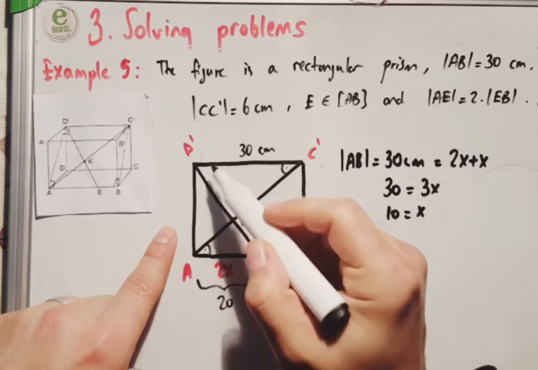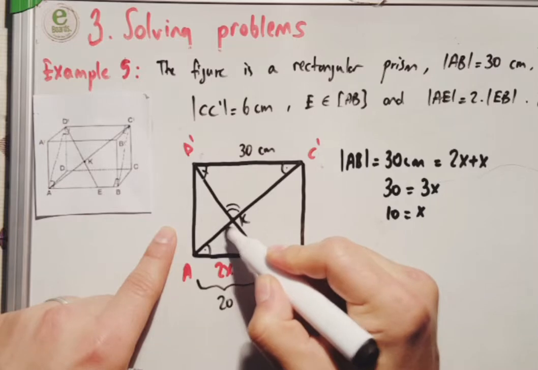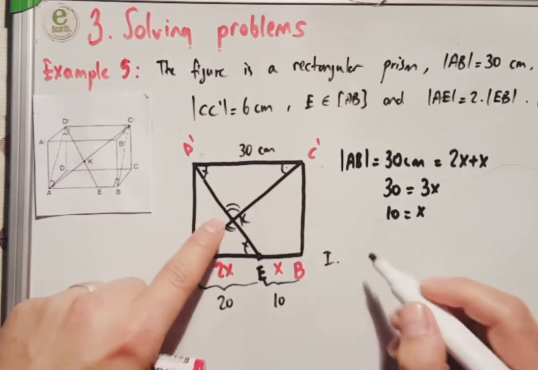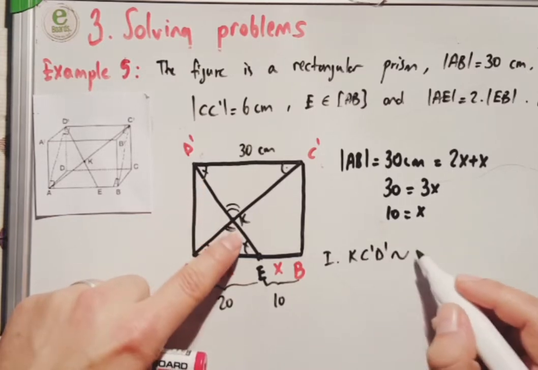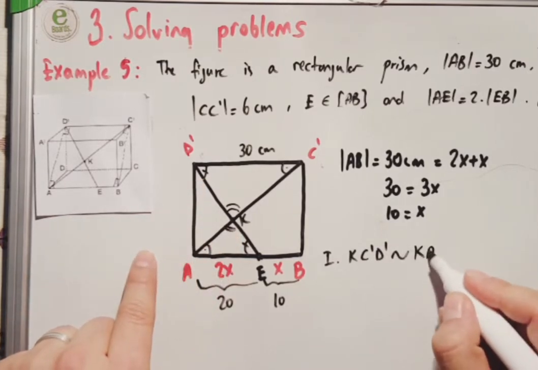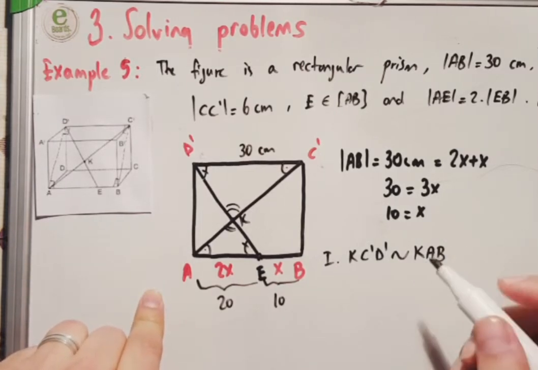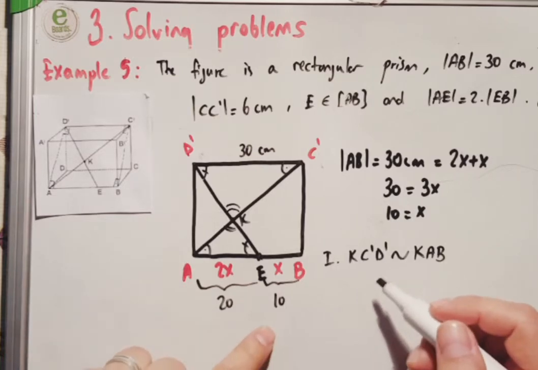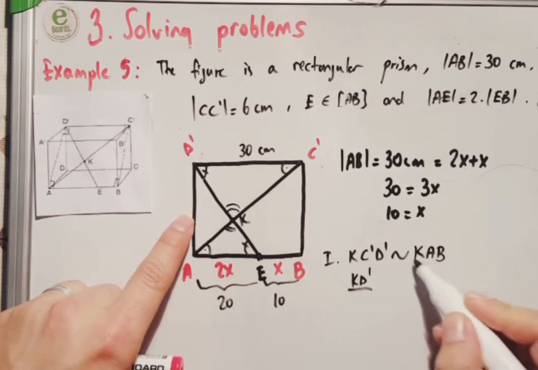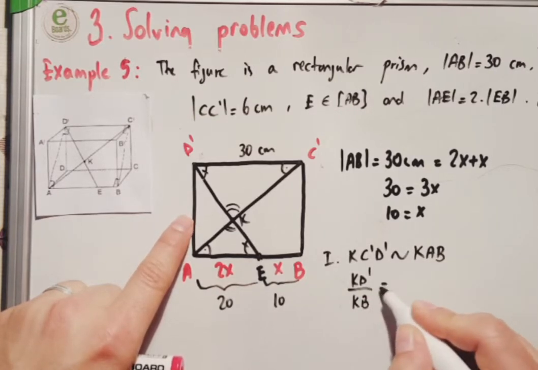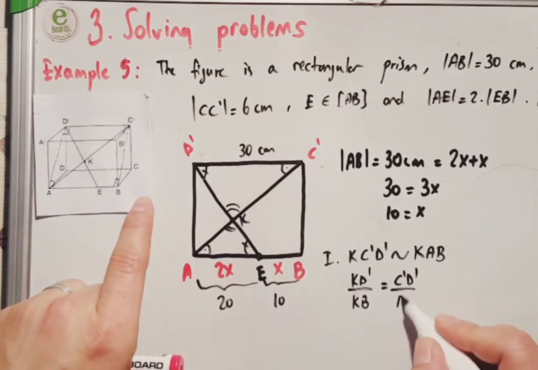They are vertical angles. Similarity between triangle KC1D1 and KAB. So the ratio of KD1 to KB is equal to C1D1 to AB.